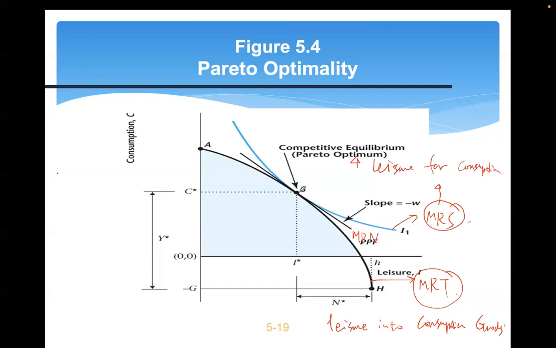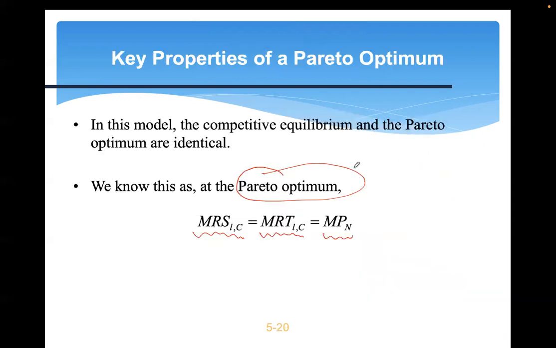At this point, if we increase leisure, then you lose consumption. And here, the same thing: you increase leisure, you lose consumption. If they are equal to each other, then everything is equal, so there's no way you can improve. That's how we end up with Pareto optimal. These three are equal to each other.